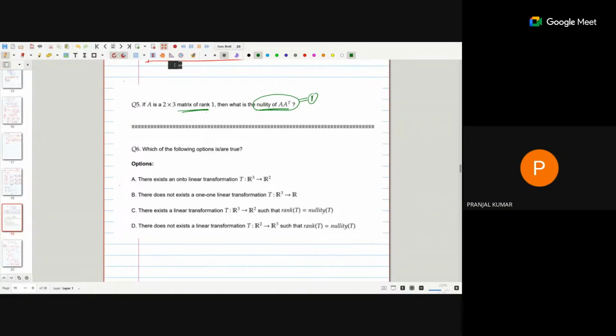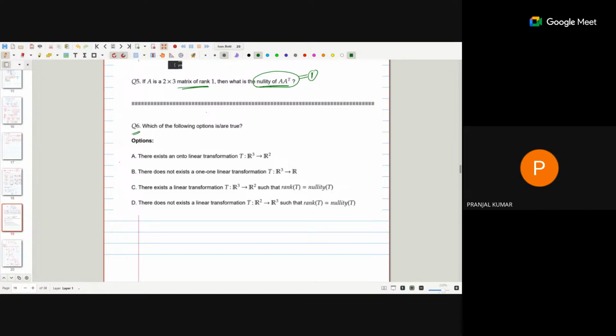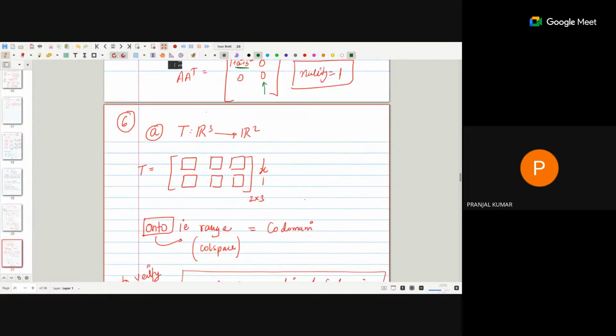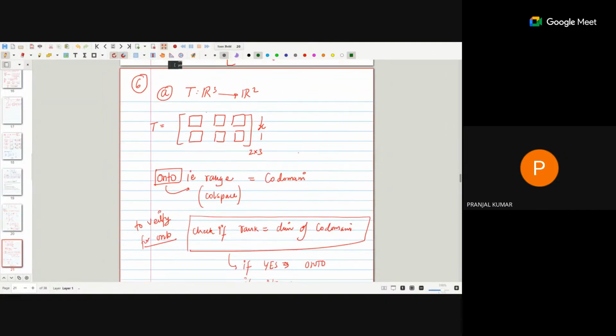Now, sixth question. Which of the following options are true? You need to check whether there exists a linear transformation from R3 to R2 which is onto.